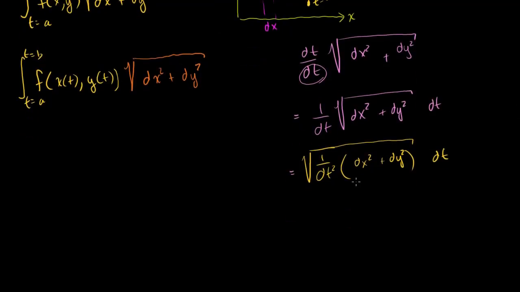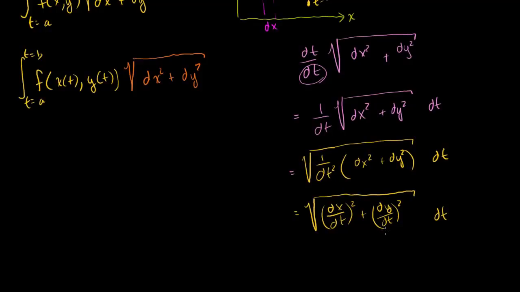And then if I just distribute this, this is equal to the square root, and we have our dt out at the end, of dx squared, or we could even write dx over dt squared, plus dy over dt squared, right? dx squared over dt squared is just dx over dt squared. Same thing with the y's.